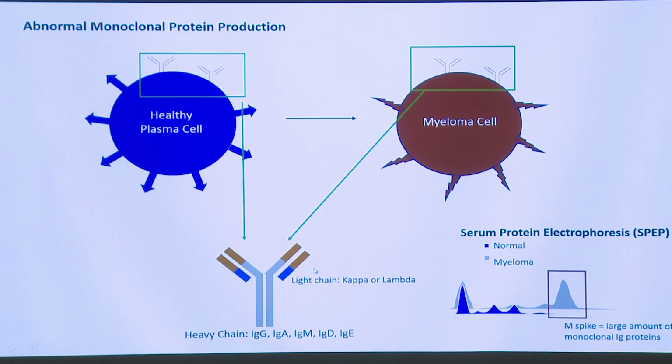That is not the only protein. We have good proteins, which is albumin, and then other types of proteins, but you can see in a myeloma patient, the antibody protein is really high compared to patients that don't have myeloma, where we just have a small amount of antibodies. And this then is called the M protein, the monoclonal protein. That is being followed through a treatment.